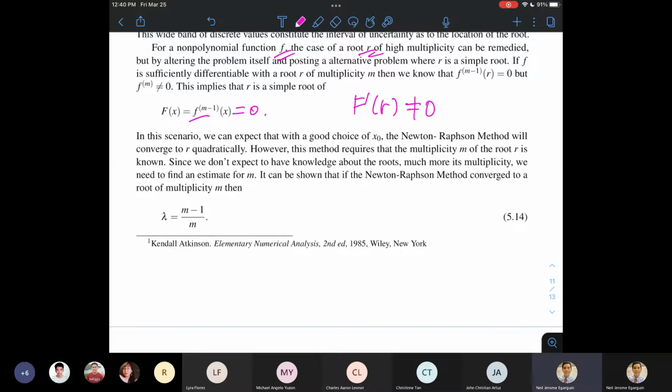Okay? Pero may butas itong method na to. Una, wala tayong idea about sa root, so much more wala tayong idea kung ano yung multiplicity ng root na hinahanap natin. Alright?